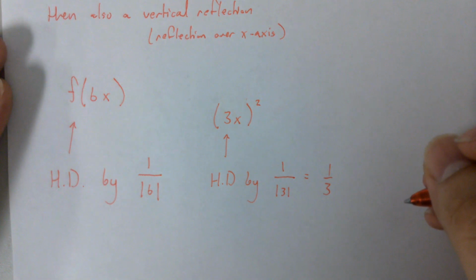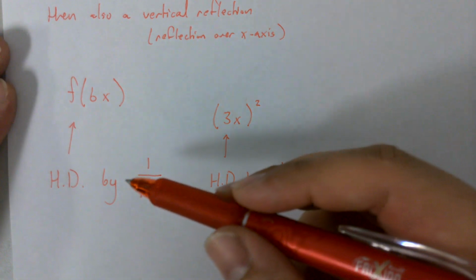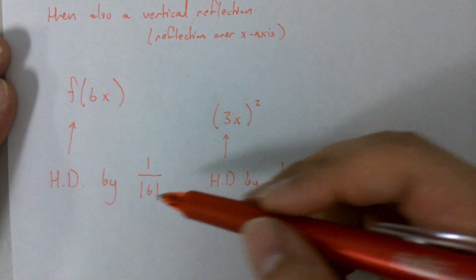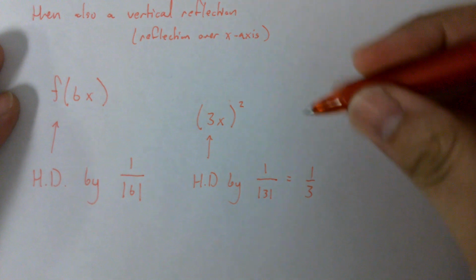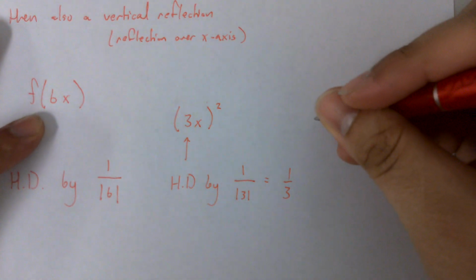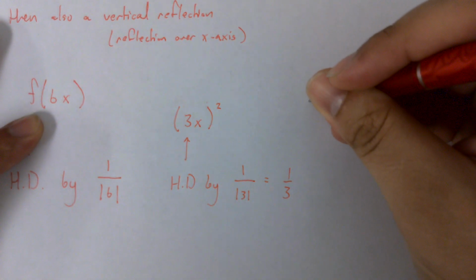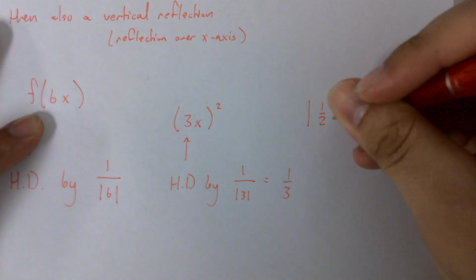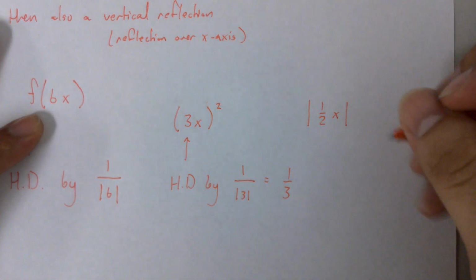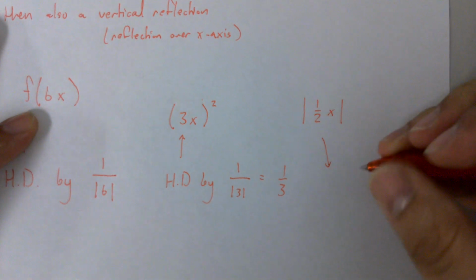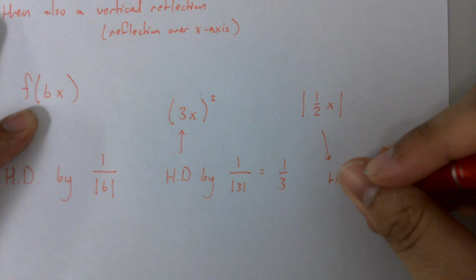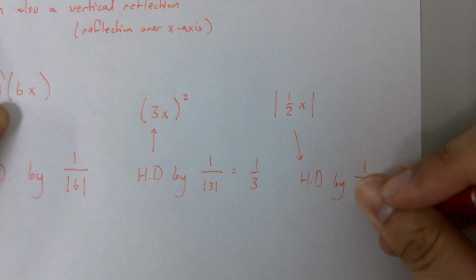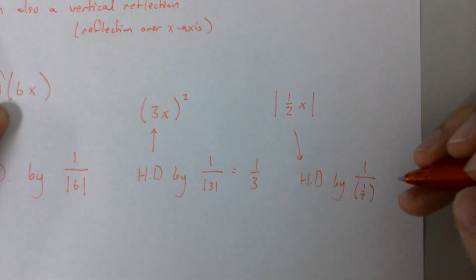So horizontal dilations, you just have to remember to put 1 over the absolute value of whatever this value is. And so similarly, if we have something like the absolute value of 1/2 x, well, now this is going to be a horizontal dilation by 1 over 1/2.